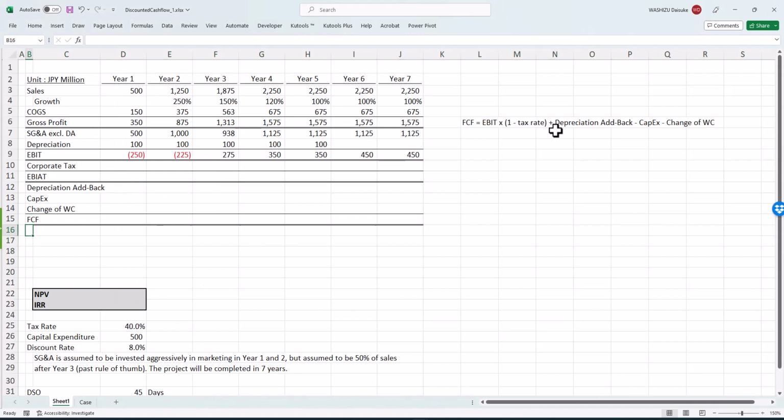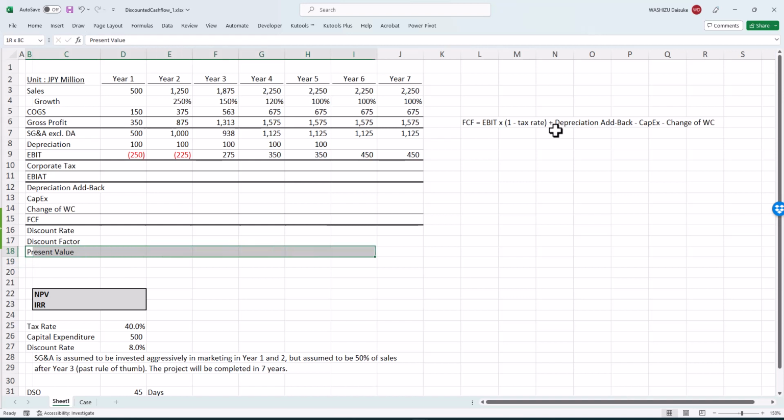Okay, and once we get a free cash flow, we need to convert the free cash flow into the present value. So we have a discount rate here, and using it, a discount factor here, we can convert to the present value.